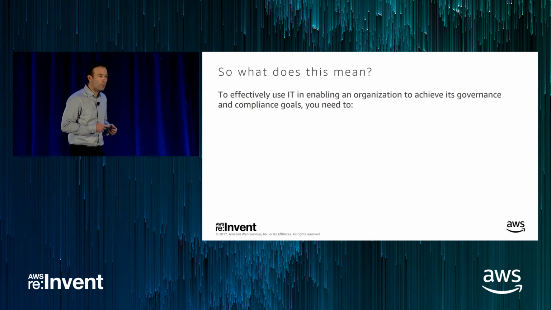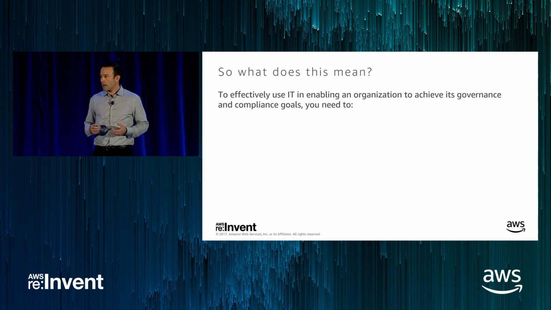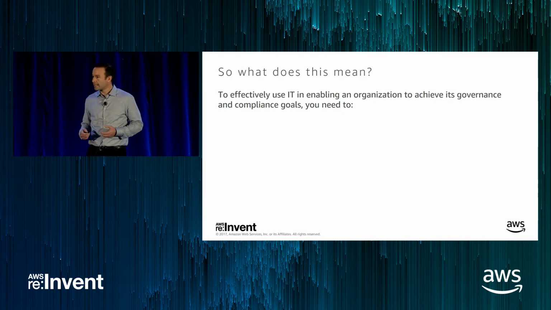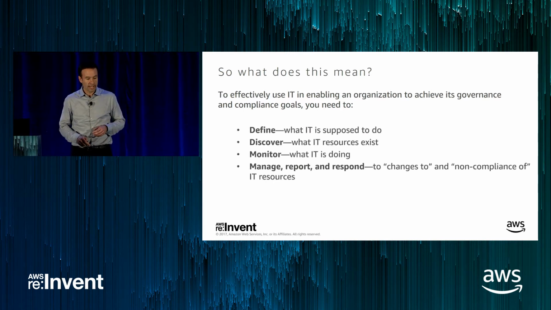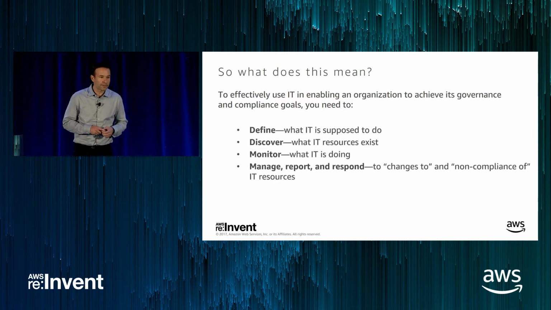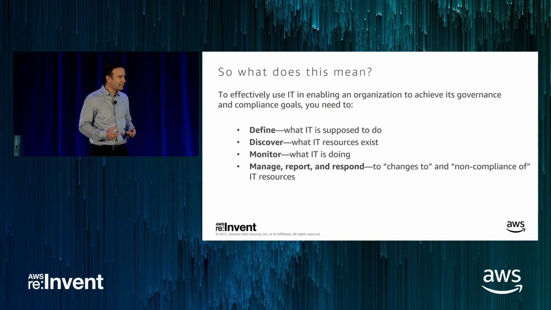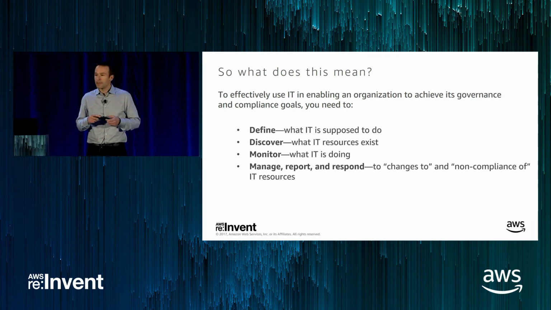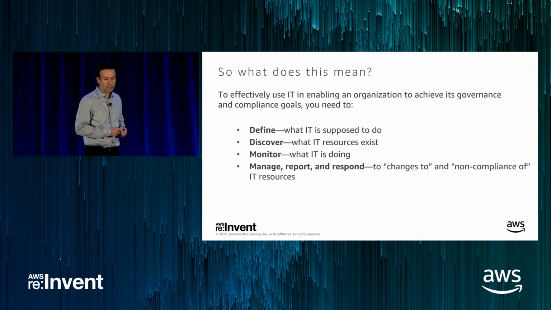It means in order to effectively use IT, we need to accomplish some very basic definitions or frameworks around that. And really what that comes down to is first being able to define. So what is it that we expect IT to do? What are the business policies, the business rules that we want to establish?